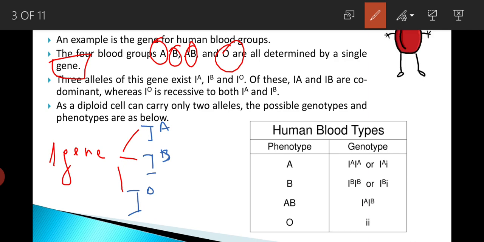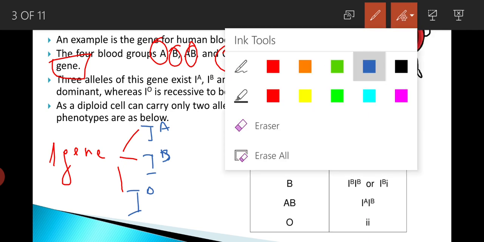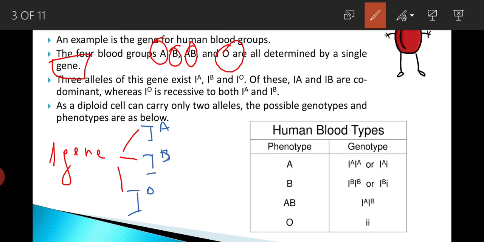These three alleles will be expressed in different phenotypes and combined in different genotypes to give the blood types. So we have the blood type A, which is formed by the genotype IAIA or IAI0.